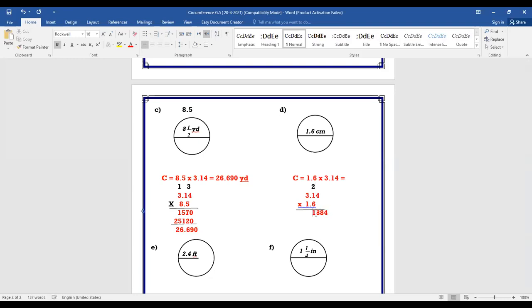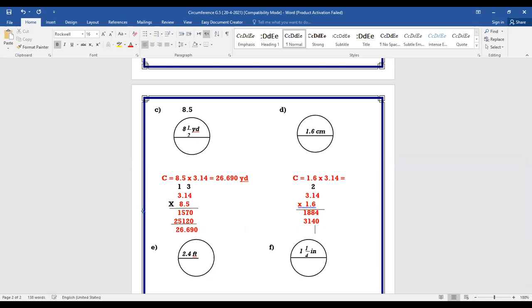Now put 0 down in the ones and multiply by 1. 1 multiplied by 4 equals 4, 1 multiplied by 1 equals 1, 1 multiplied by 3 equals 3, and then add the two numbers.